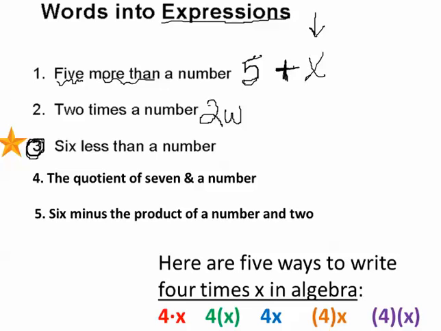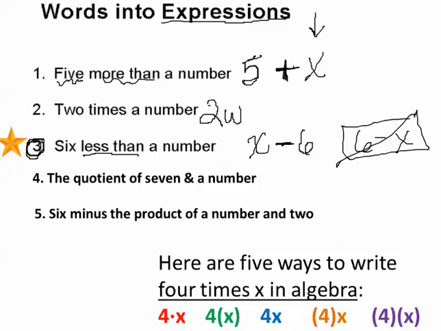But when you see the words less than, you have to kind of stop and pay attention. If I want to get 6 less than a number, I need to recognize that I'm taking 6 away from something. So 6 less than a number is some number minus 6, not 6 minus some number.